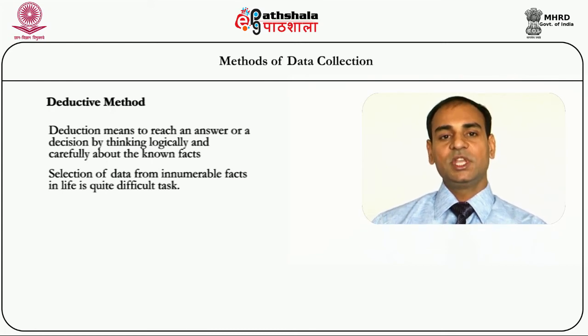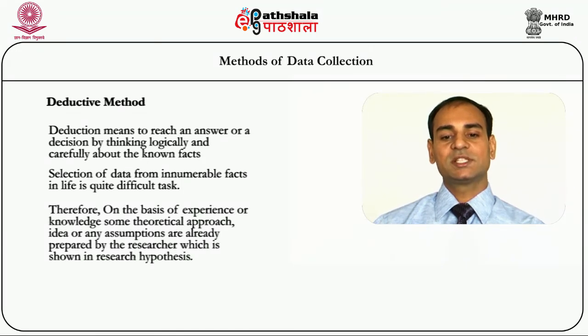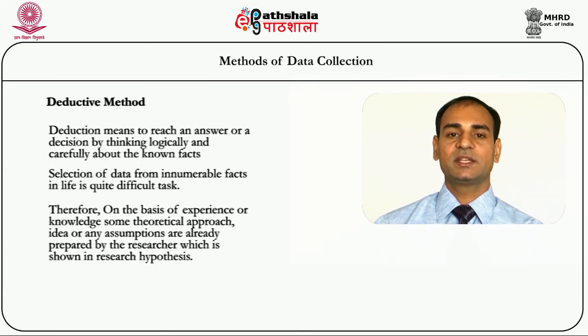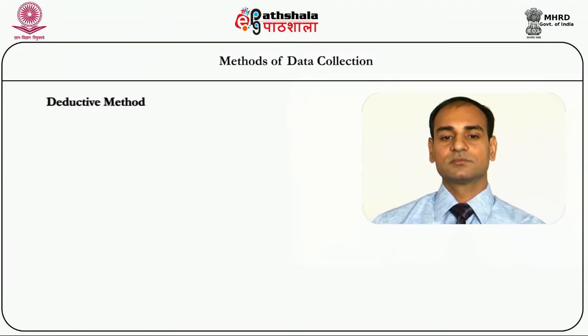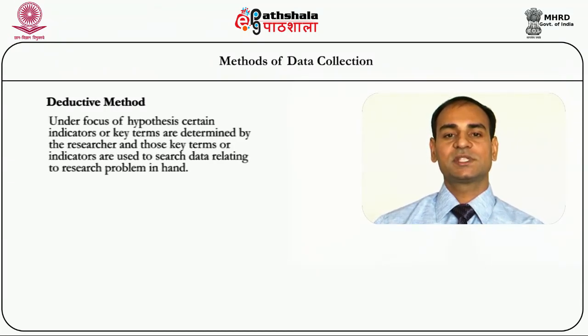Therefore, on the basis of experience or knowledge, some theoretical approach, idea or assumptions are already prepared by the researcher, which are reflected in the hypothesis formed by him. Under the focus of the hypothesis, certain indicators or key terms are determined by the researcher. Those key terms and indicators are used to search data relating to the research problem in hand.